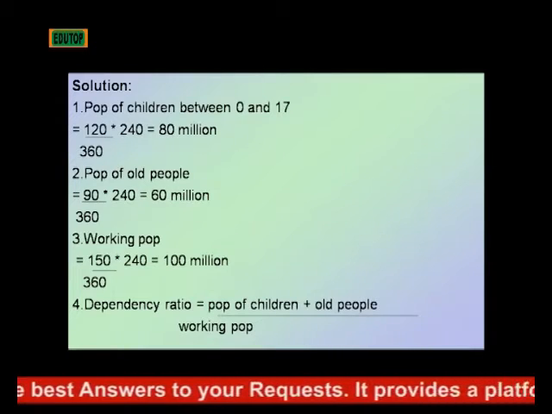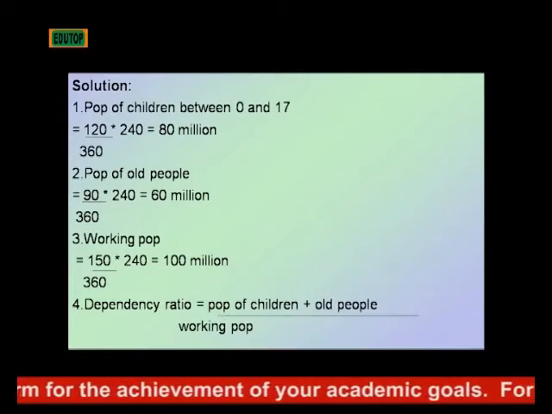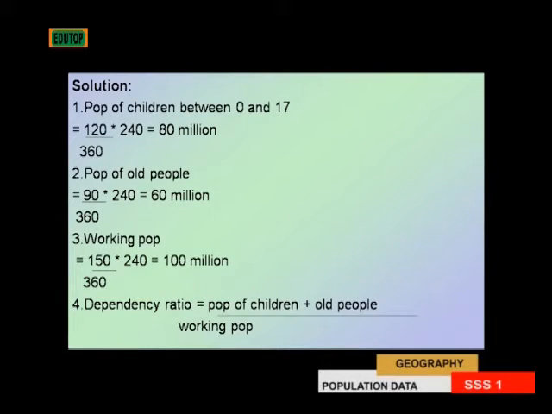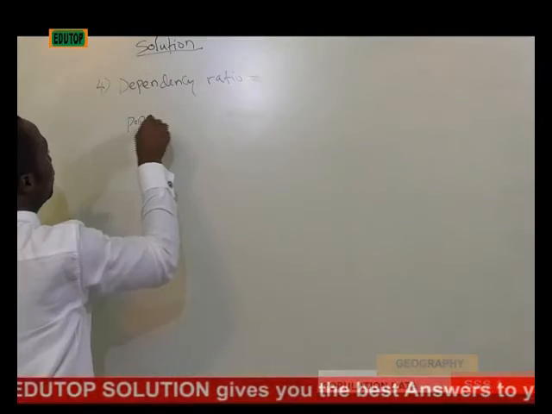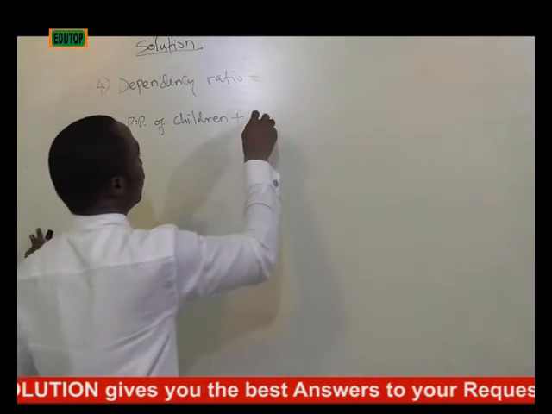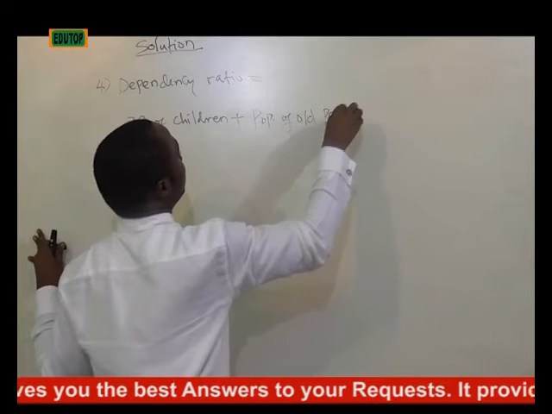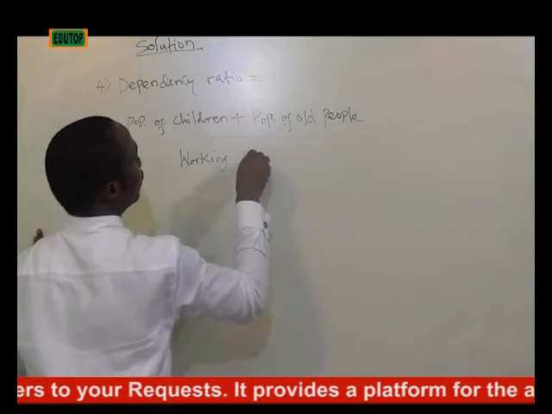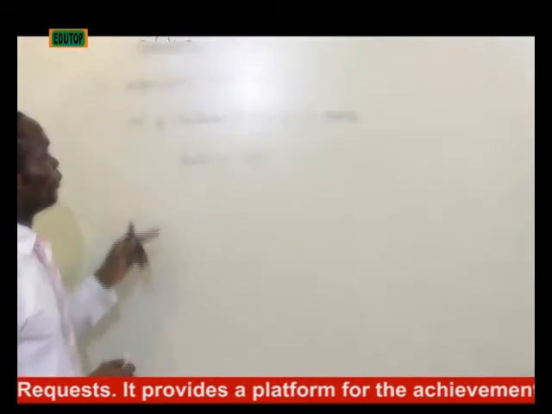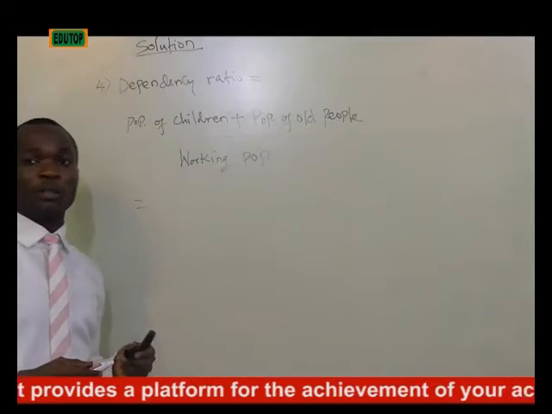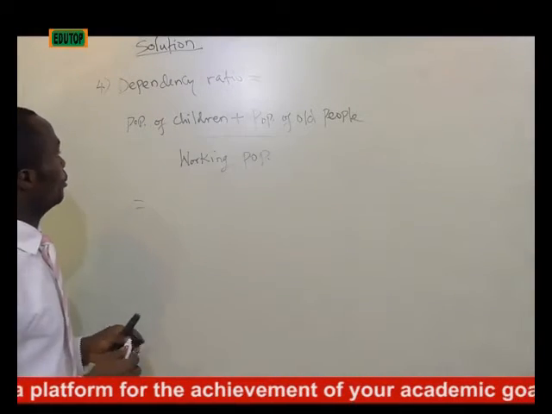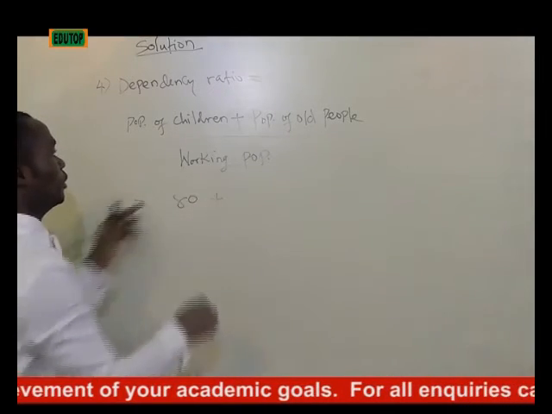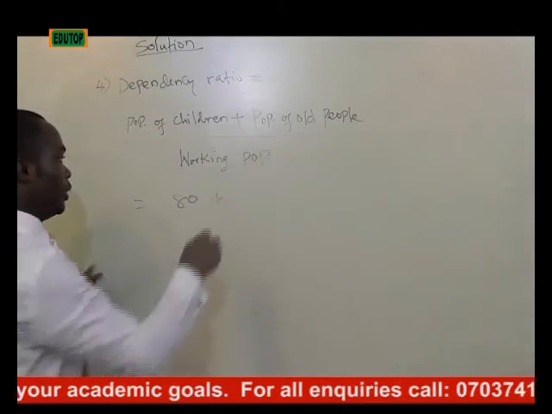The dependency ratio is given as population of children plus population of old people all over population of working class. From the previous numbers we calculated, the population of children is 80 million. Population of old people is 60 million.